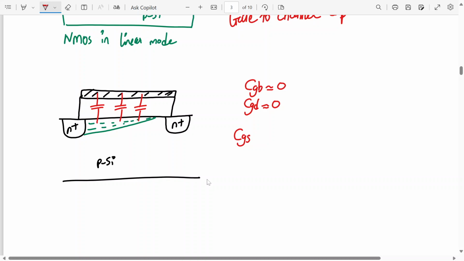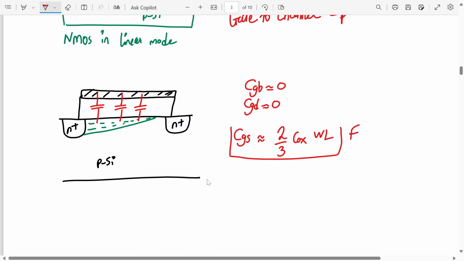If I estimate the distribution of capacitance, CGS is around 2/3 of the total capacitance, which is Cox W into L. We don't have the derivation for how it is 2/3, but it's approximately 2/3. The gate to channel capacitance seen between gate and source is approximated by 2/3 Cox into W into L. I hope it is clear now.